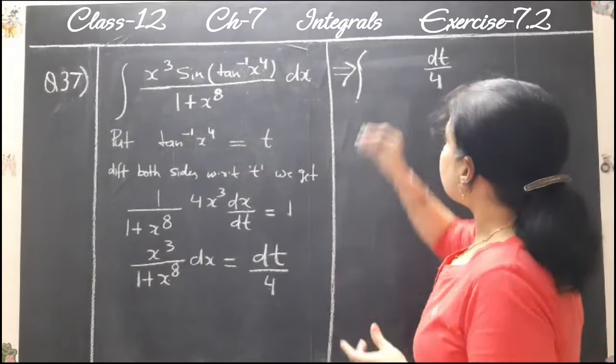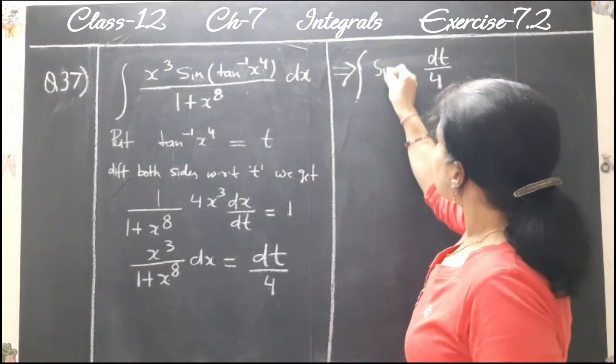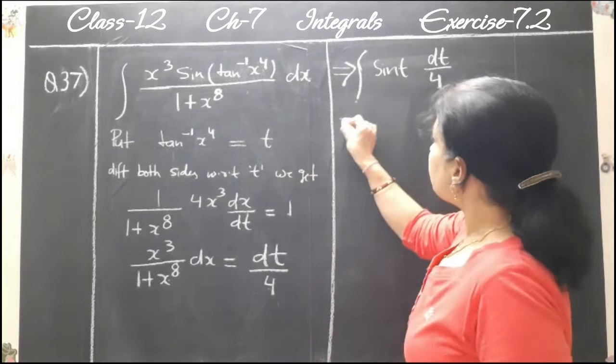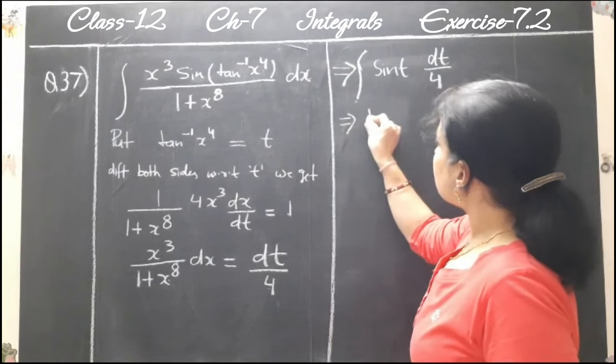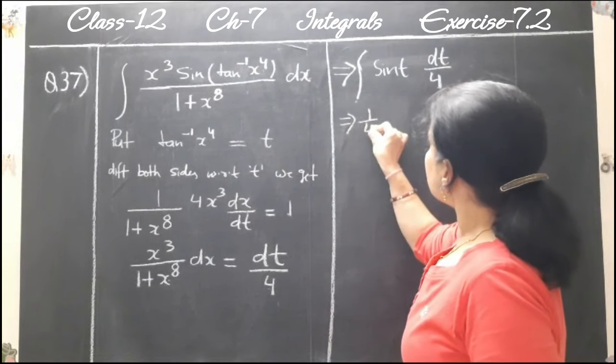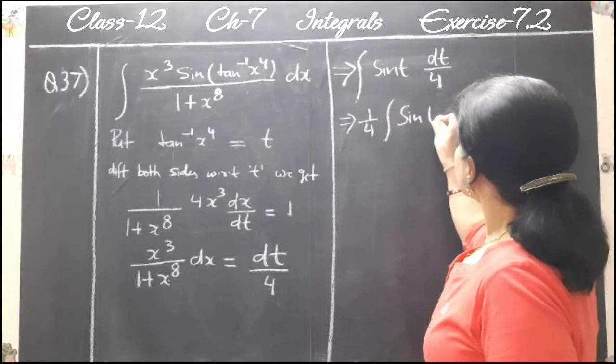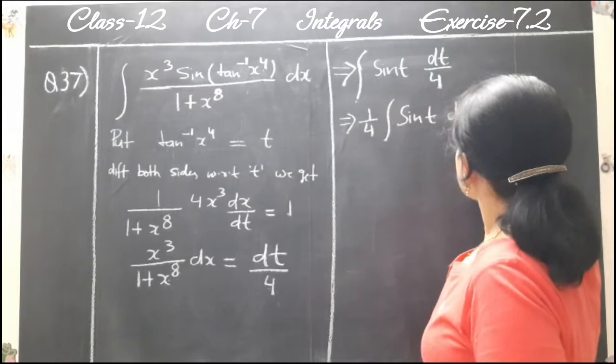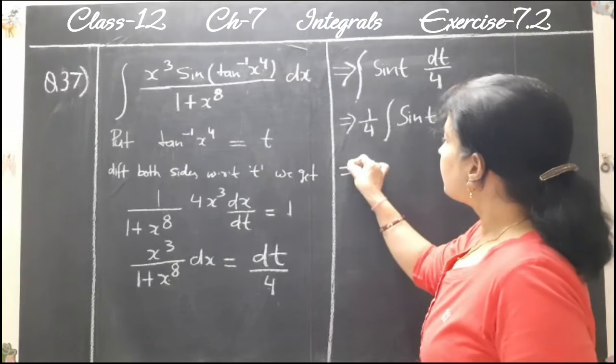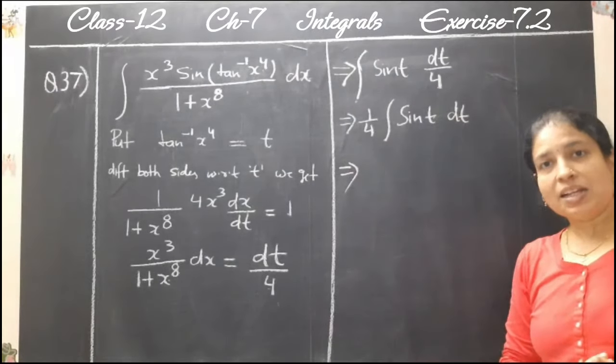So it will be sin t. This one is constant, so write it outside. And write here sin t dt.